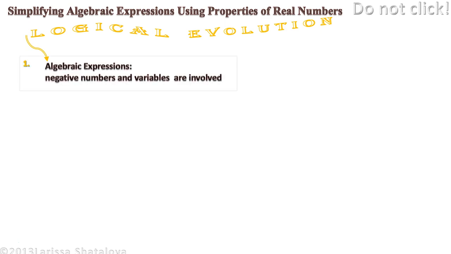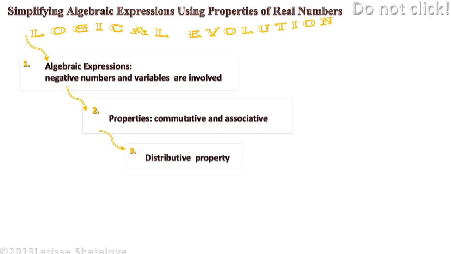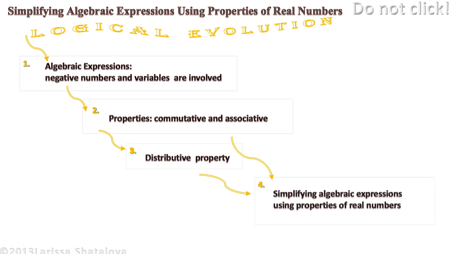On this basis, we have to develop new properties, commutative and associative, and then we will focus even more on the distributive property, because all of these properties will allow us to simplify algebraic expressions. This is what we are going to practice on the next slides.